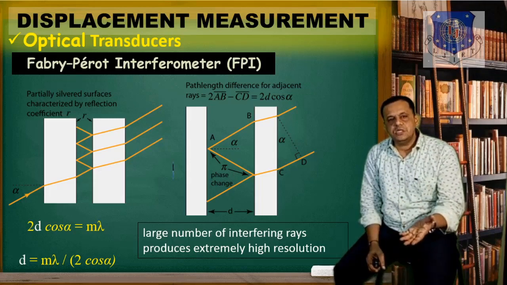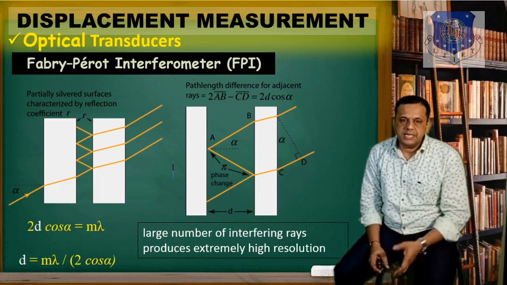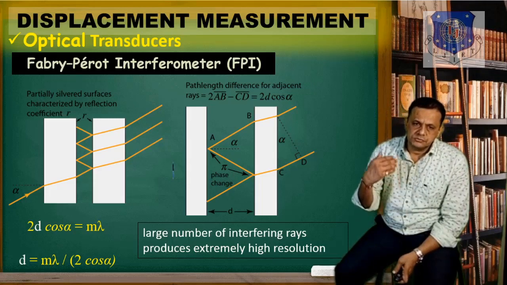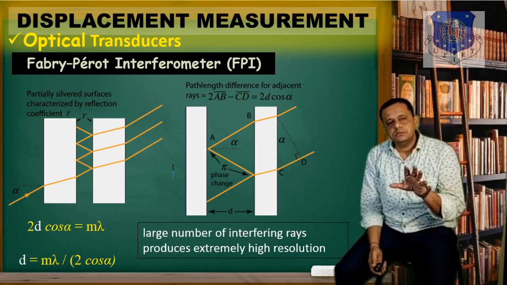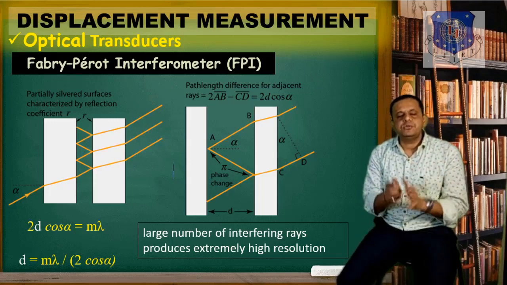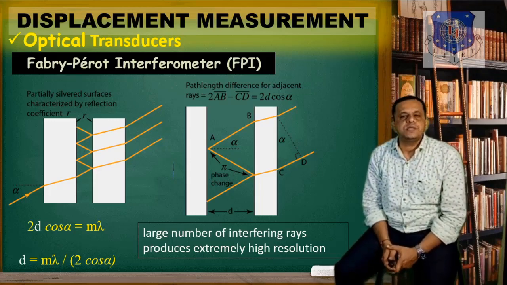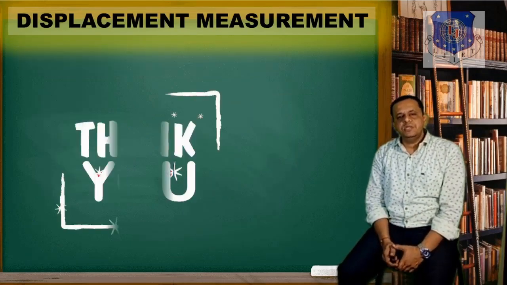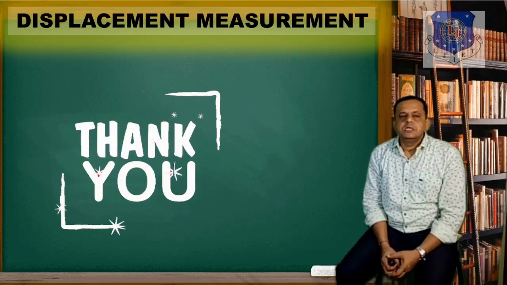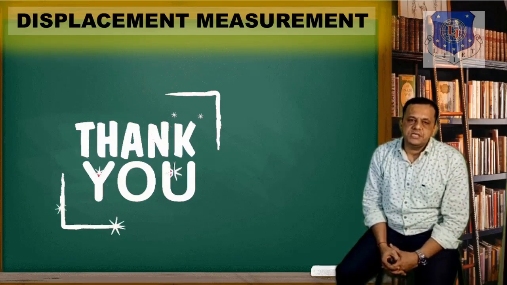In this session, we have gone through time of flight and another 2 types, and these are the topics that we should cover under optical transducer displacement measurement. In the next session, we will be meeting with another displacement measuring technique.